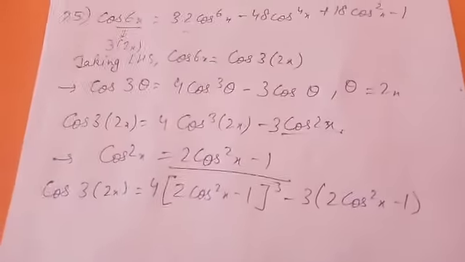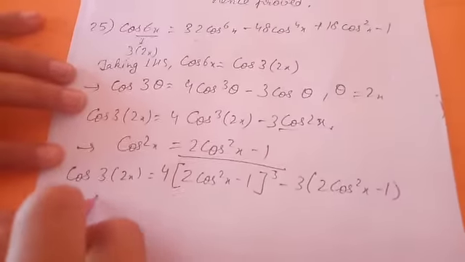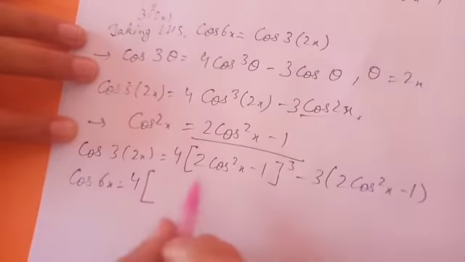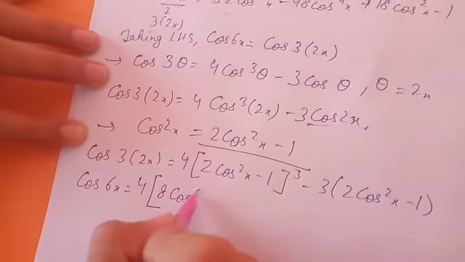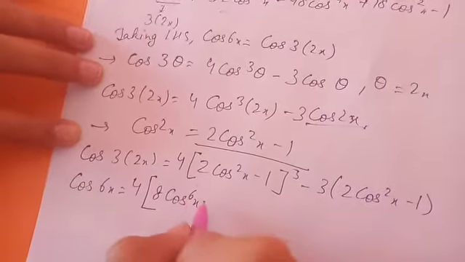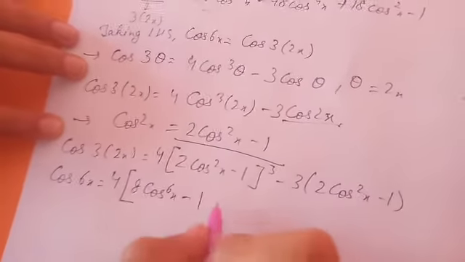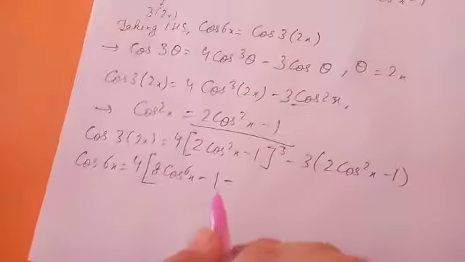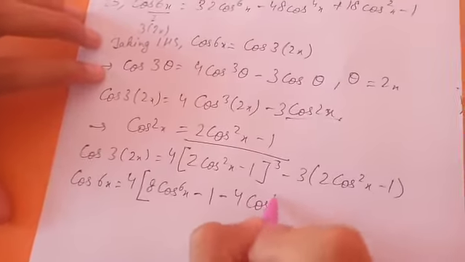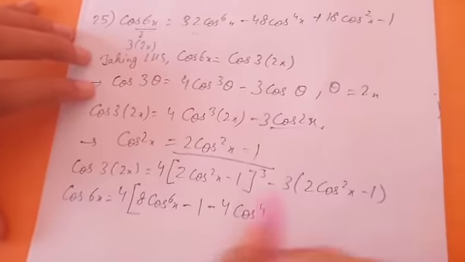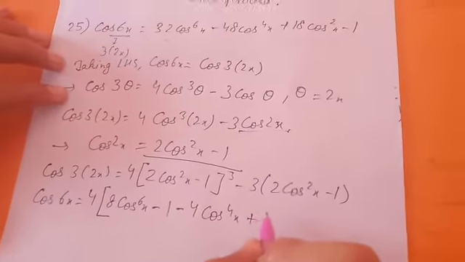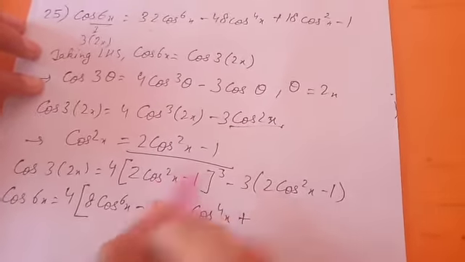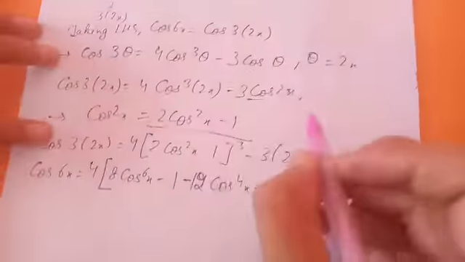Now we will open the cube. So what we will get? Cos 6x is equal to 4 times 8 cos 6x minus 1 minus 4 cos 4x plus 12, because what is the formula of cos cube?